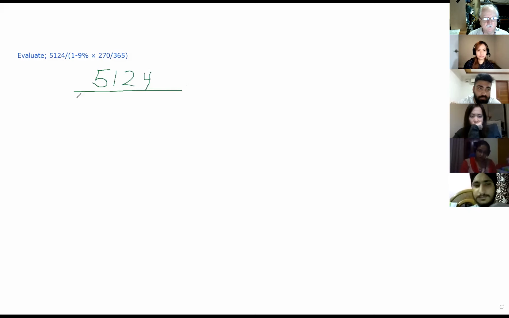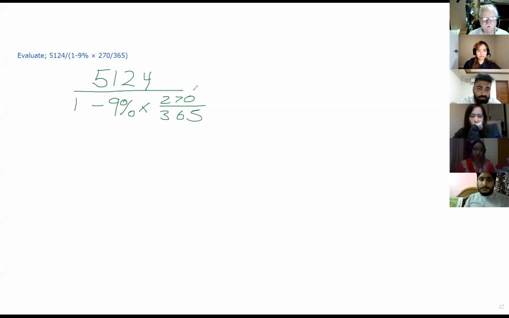Let's write it out the way it would look if we were writing it by hand. It would be 5124 over 1 minus 9% times 270 over 365.